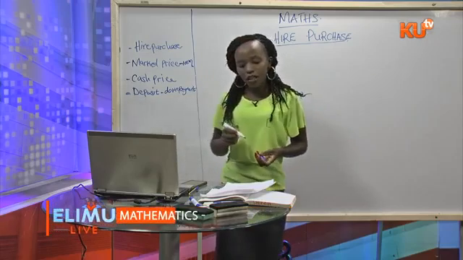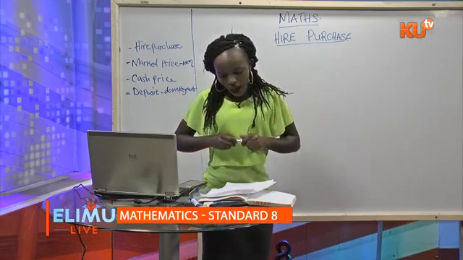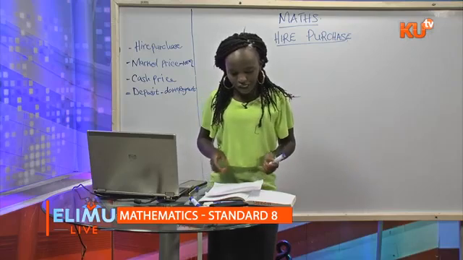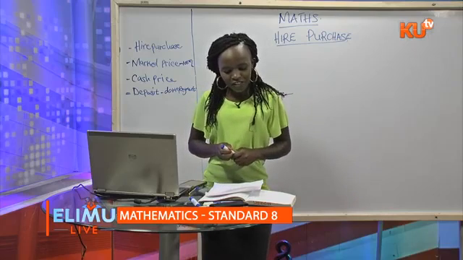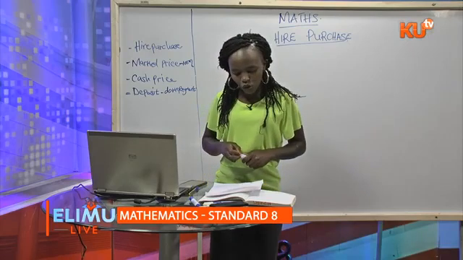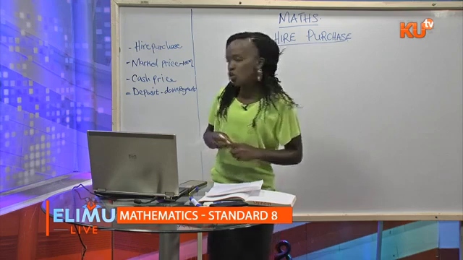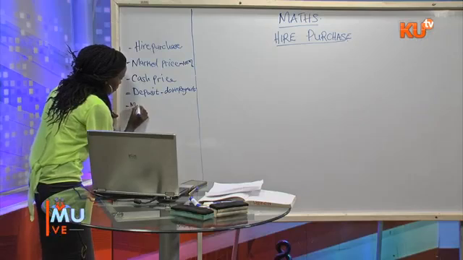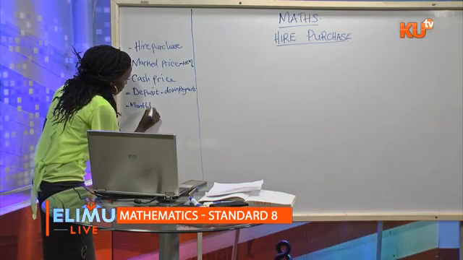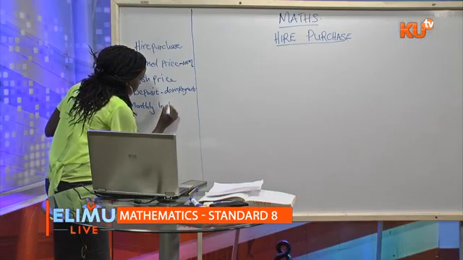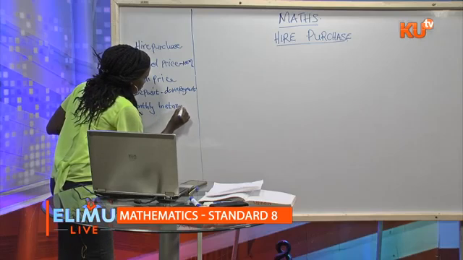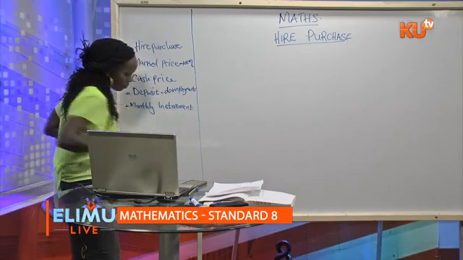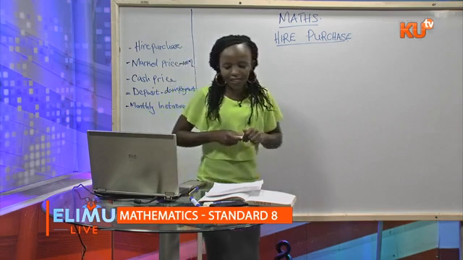The deposit, or down payment, is the amount of money that you pay first after you have agreed with the trader. Then we have another term that we call the monthly installment.